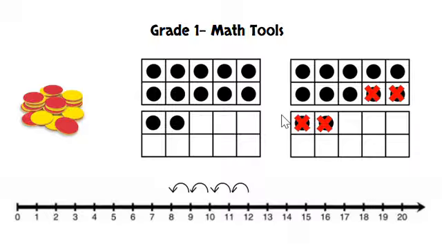If we were using that concrete, those handheld counters, your child would lay out 12. They would take 4 away and it would leave them with 8. But if they wanted to do it with a drawing and represent it, they could draw 12 circles, and then they could cross out, as you can see over here, 4, and it leaves them with 8.